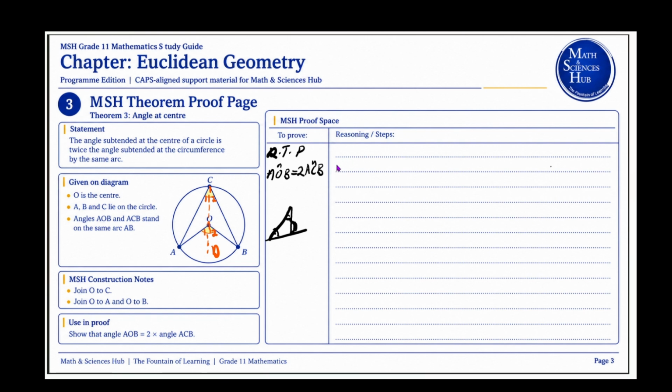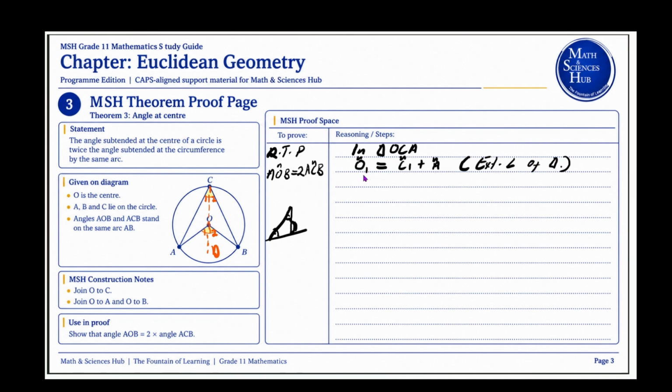Now in our proof, we reference the first triangle on the left. In triangle OCA, angle O1 equals angle C1 plus angle A. The reason is exterior angle of a triangle.